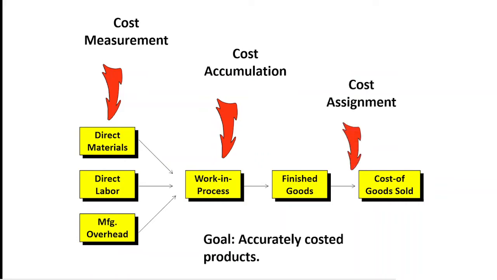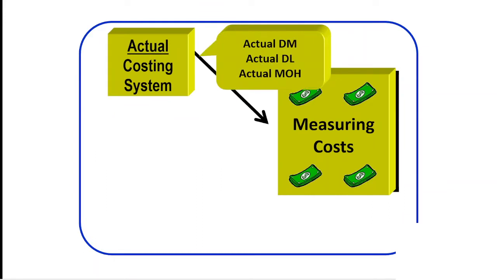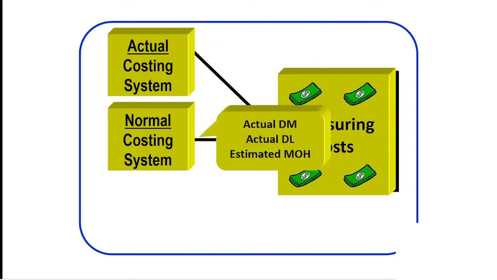So you can say that the cost assignment is done over to the cost of goods sold, and the goal here is always to accurately cost the products. In an actual costing system, we are measuring the actual direct material, actual direct labor, and actual manufacturing overheads to measure the cost. There are other methods also for measuring the cost, which is called the normal costing system.